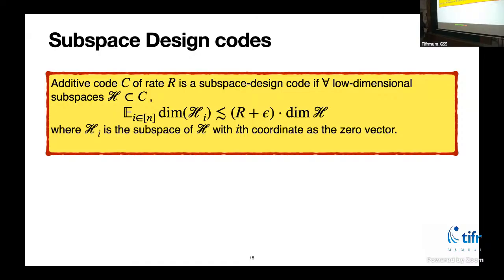Why is this interesting? I'm asking this for all spaces. For some spaces it's natural, because the entire space gets killed off for any given point. It's interesting because I'm asking this for all spaces, and that's why you need an R plus epsilon term here.